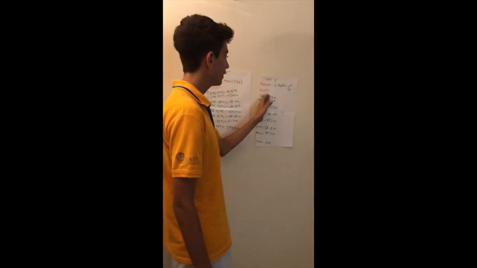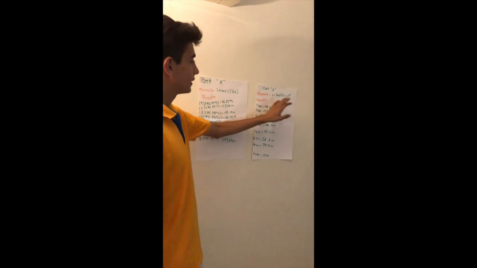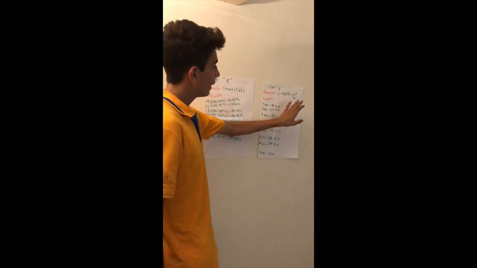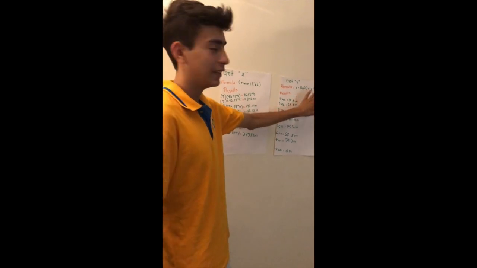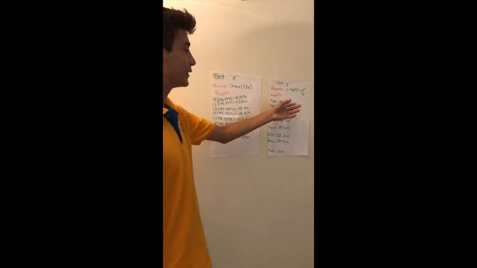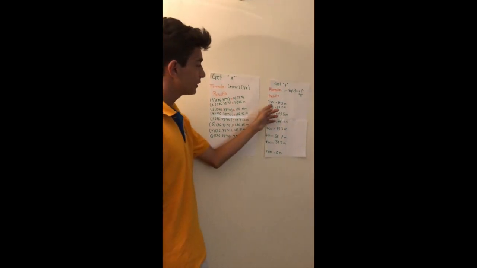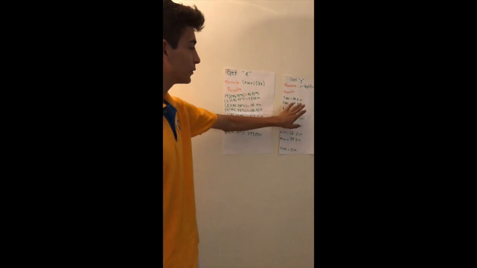And to get y, we need to multiply initial velocity of y times the time, and we need to sum the gravity times the time squared over 2. In the first second, we will get 34.3 meters.